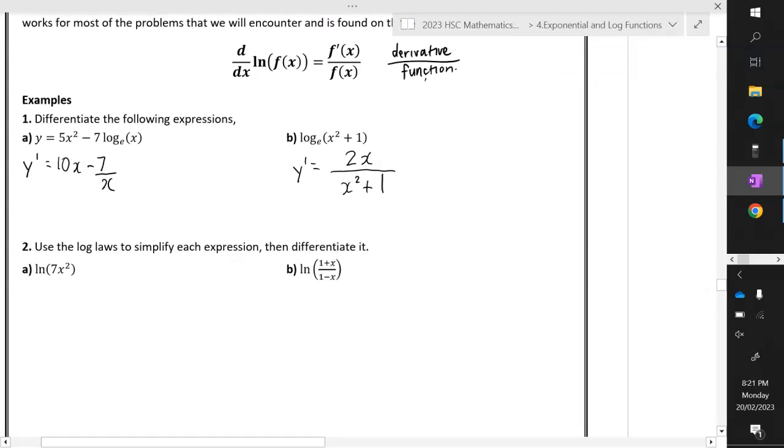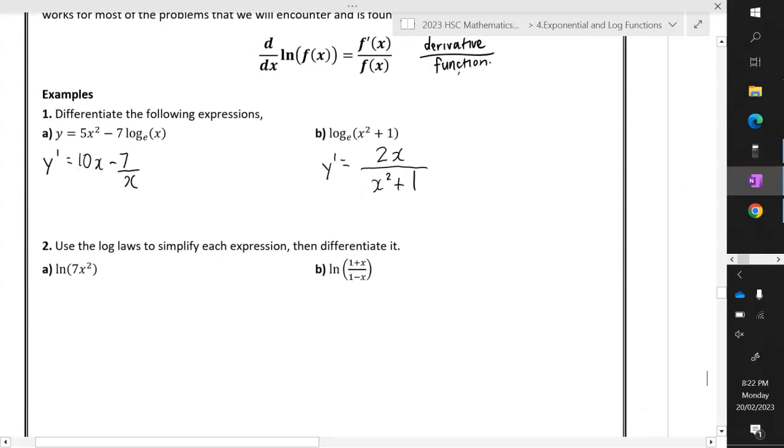Okay, part 2. We're going to use log laws to simplify each expression and then differentiate it. Now the first one there, 2a, I would not use any particular log laws to differentiate this one because it's quite a nice, neat function after our log. So what I would be doing is still doing my derivative on my function.